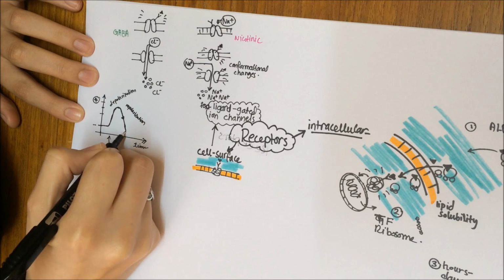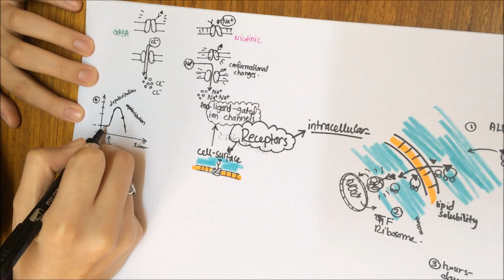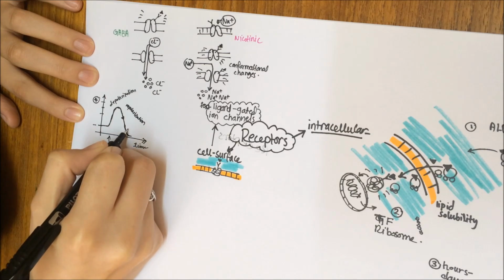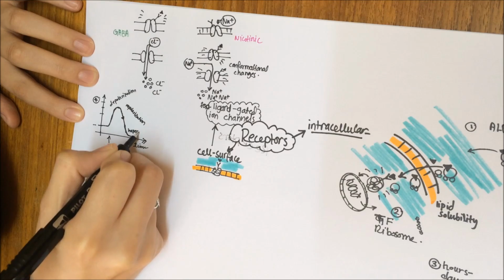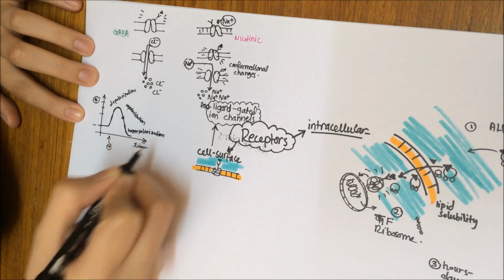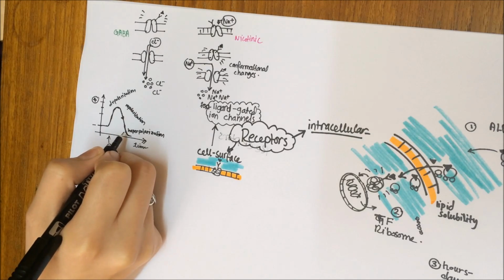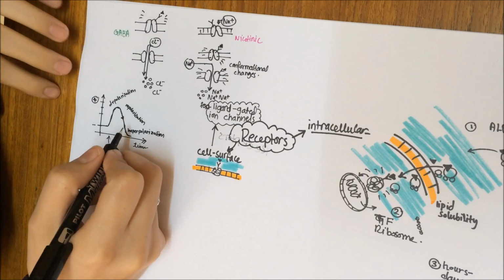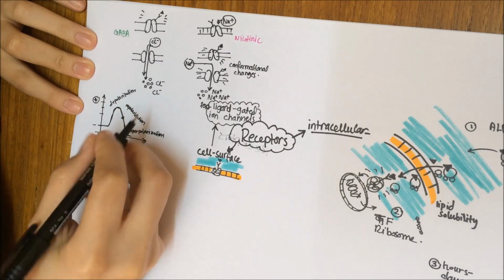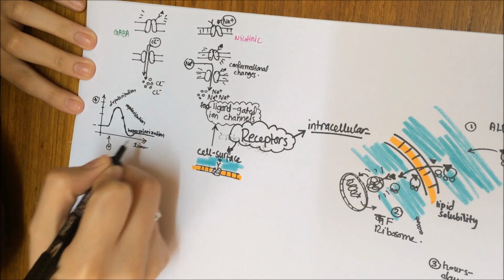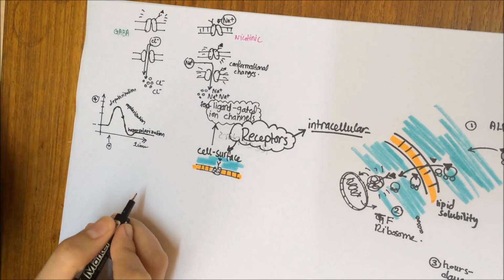Now you get down until you are below the resting potential, and now we are in the hyperpolarization phase. This is by getting more negative ions inside or by taking more positive ions to the outside, usually by getting more negative ions. Now we are back to the resting potential here until another action potential comes.